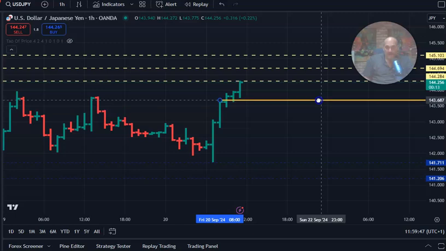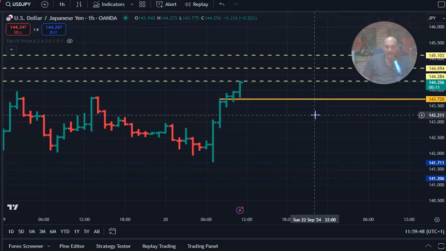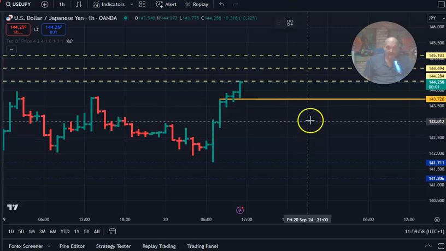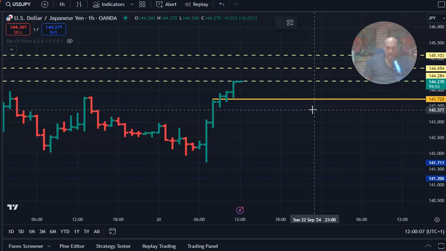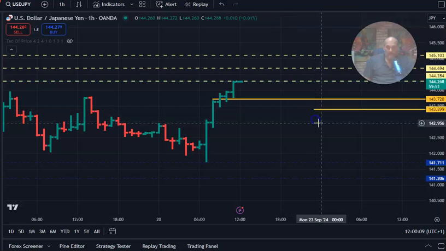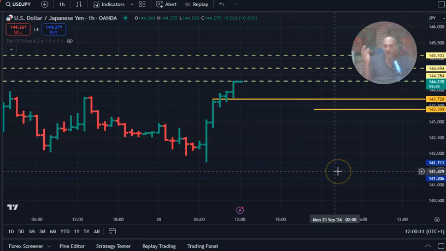If it breaks 143.72, there's support at 143.47. That's close, 143.40. If it gets through that, there's main support at 142.85.